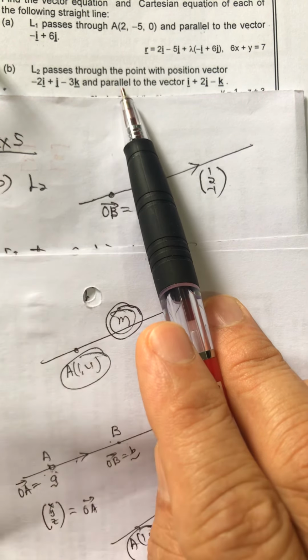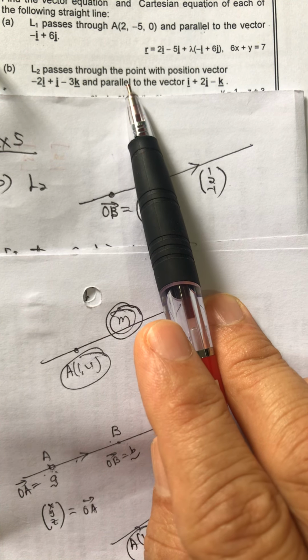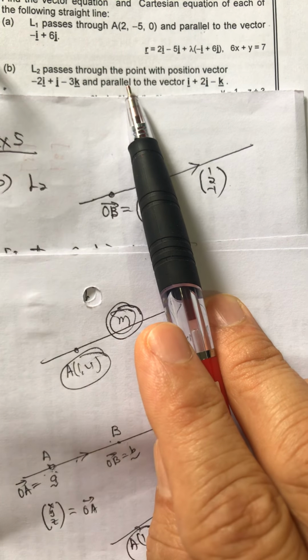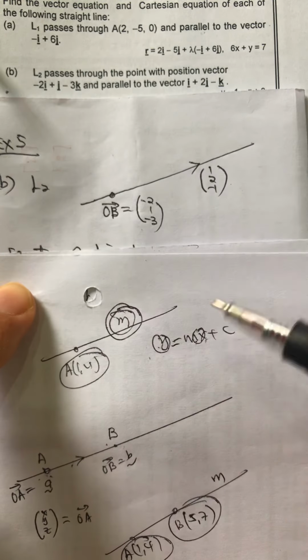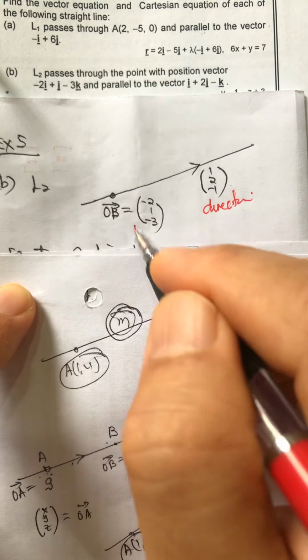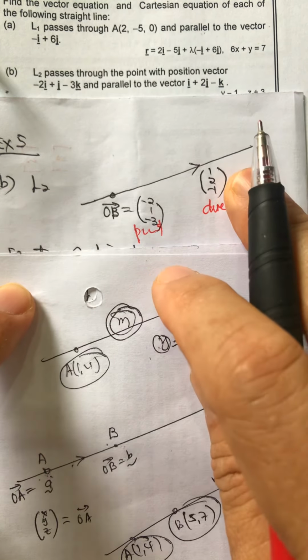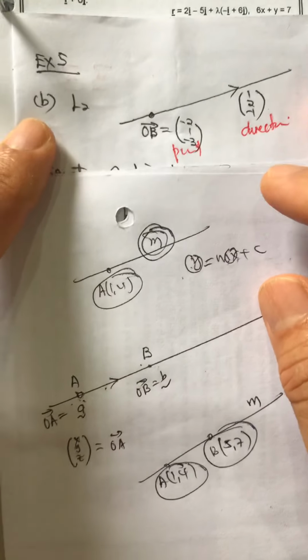When we talk about parallel, in two-dimensional it is the same gradient, but here it is the same direction. We don't use gradient; instead of gradient from Form 4, now we use direction. So parallel to this vector means this is the direction, and this is the point. Now you want to find the equation of this straight line.